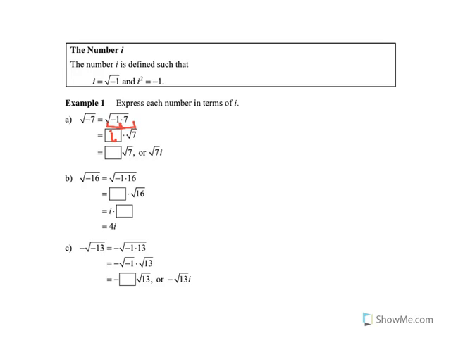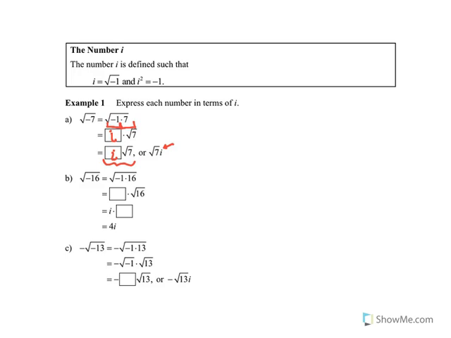And we can write it as i square root 7 or the square root of 7 i. Notice that the i is not underneath the radical, so make sure that you keep them separate. It might be easiest to put your i in front so you're not accidentally putting your imaginary number underneath the radical sign.